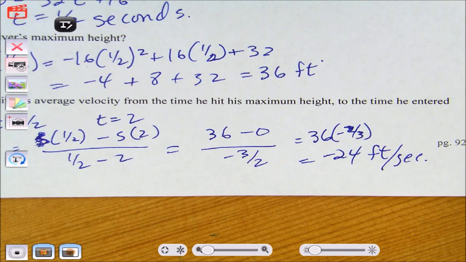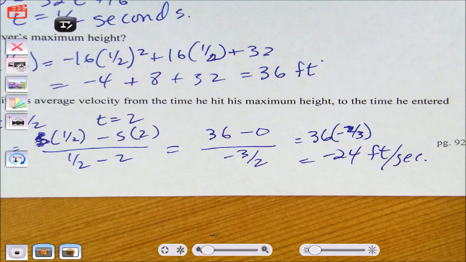Which is faster, a feet per second or a mile per hour? Those are just units of measure. You can't say one's faster than the other. It would depend on what the actual values are. A million feet per second is faster than 1 mile per hour.